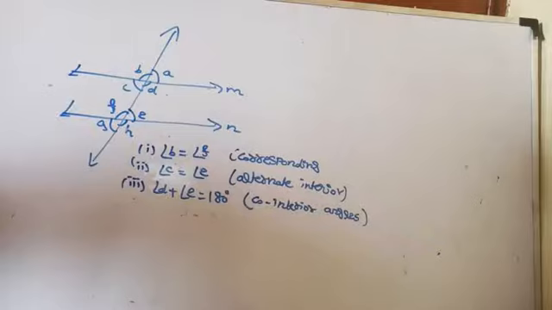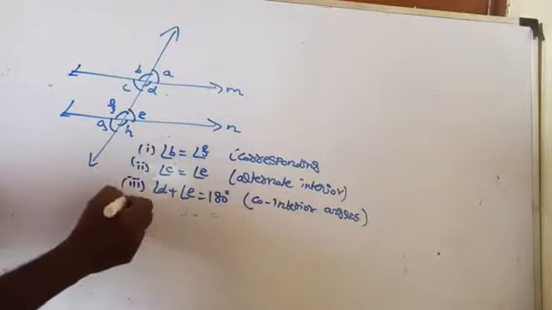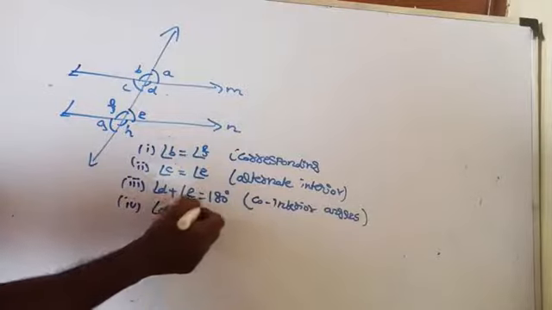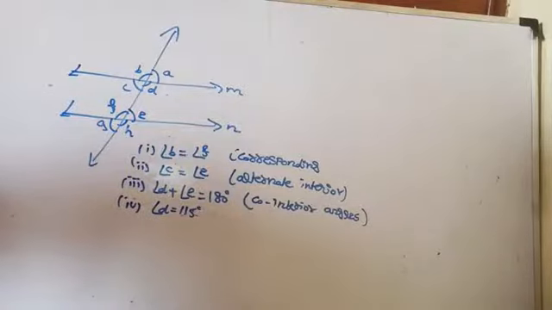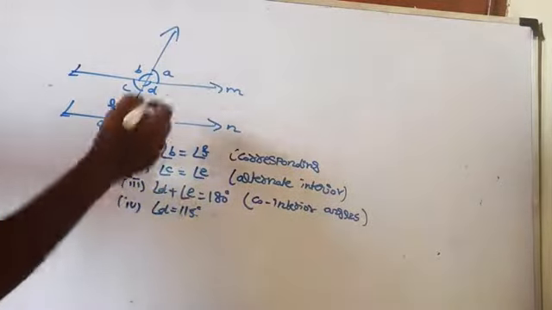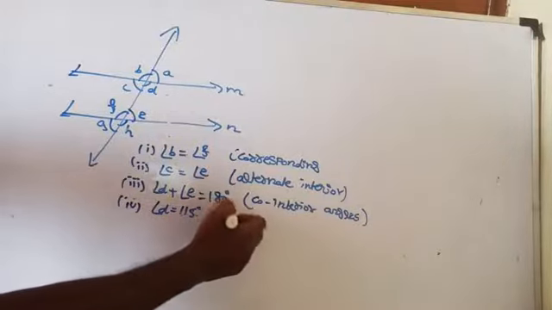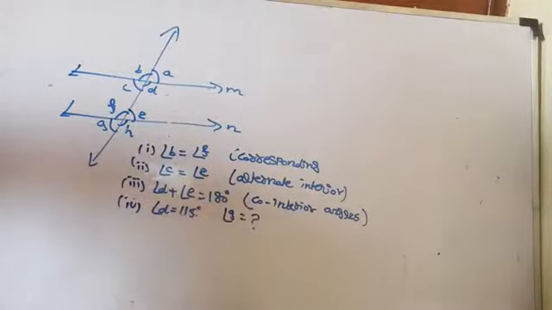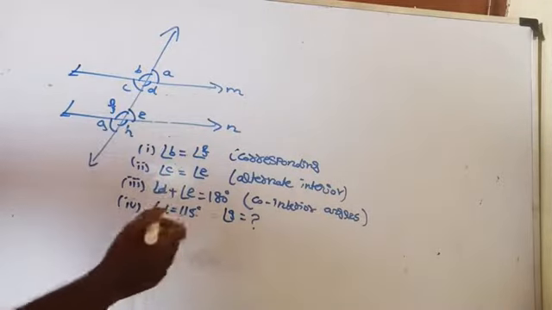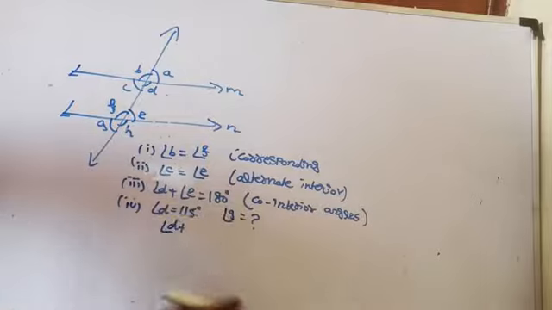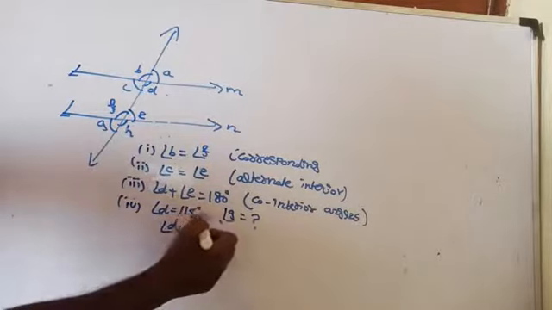Then the fourth part: angle D equals 115 degrees. Find the value of G. Now angle D plus angle E equals 180 degrees, since co-interior angles on the same side of the transversal are supplementary.